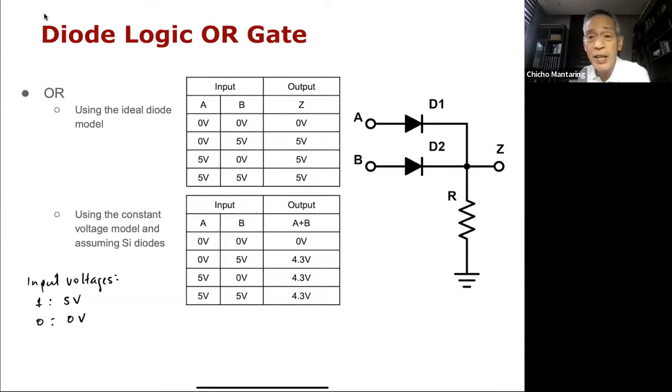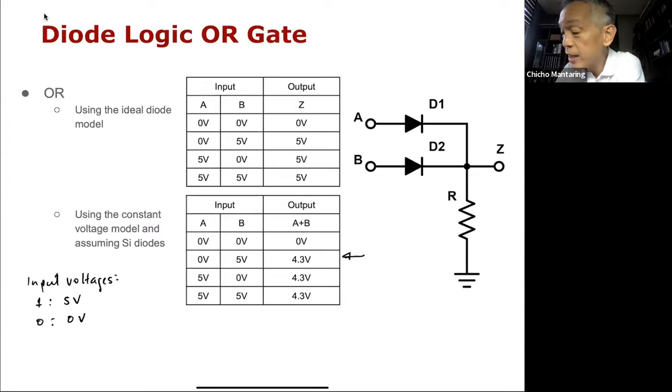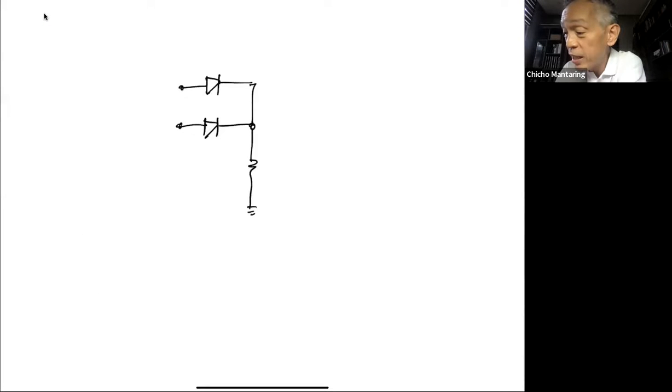And that's very easy to see. So for example, let's take this as an example. Let's say A is 0 volts and B is 5 volts. If A is 0 volts, that means this is grounded, and B being 5 volts means I have a 5 volt supply here.